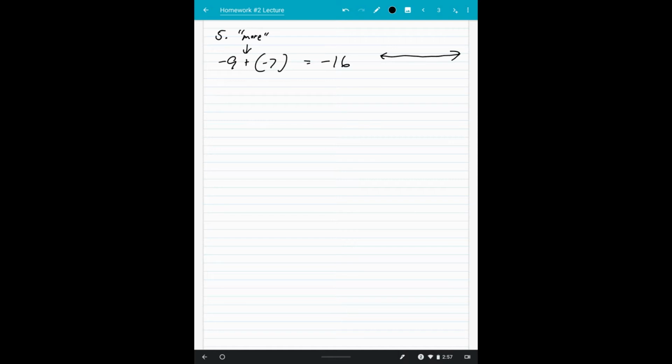If I start out at -9, I'm saying more negative. So more negative by 7 units would mean 1, 2, 3, 4, 5, 6, 7.